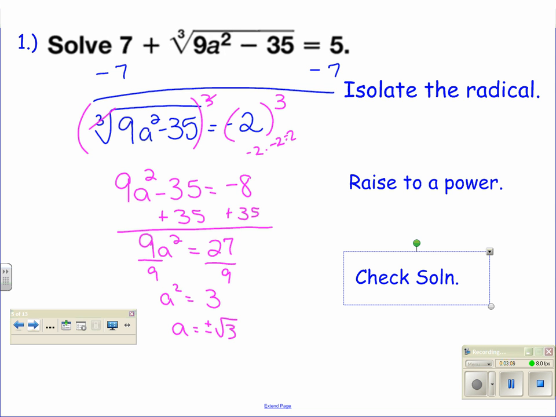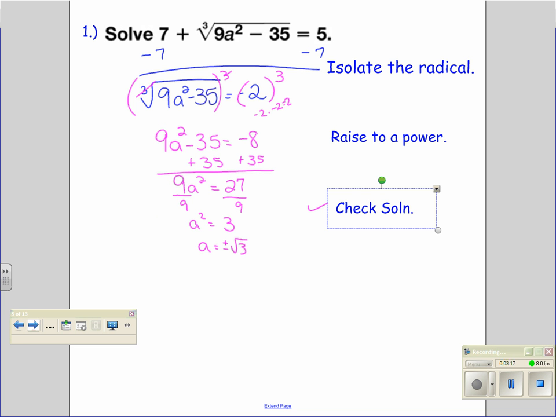And then we should take our answer and check for the solution. I'll bring that solution back up in, and that will give me 7 plus cube root of 9 times square root of 3, squared, minus 35 equals 5.